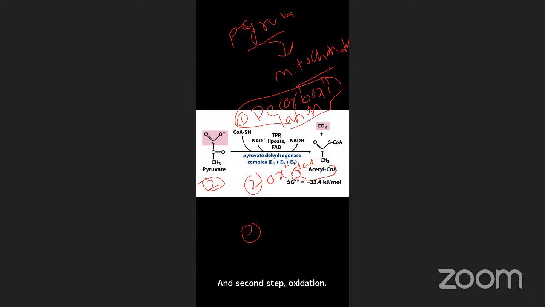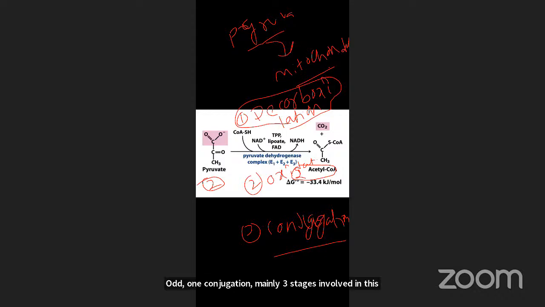And the third one is conjugation. Mainly 3 stages are involved in this oxidative decarboxylation.